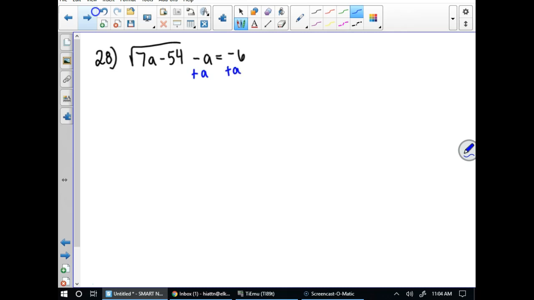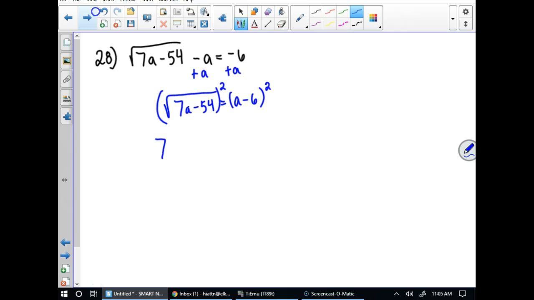So if I add a over here, I'm going to have the square root of 7a minus 54 equals a minus 6 there. You could do negative 6 plus a if you want, but I think it looks prettier if you do a minus 6. Okay. You must move that first or it would really be a difficult problem. So after this, we can square to get rid of that square root.